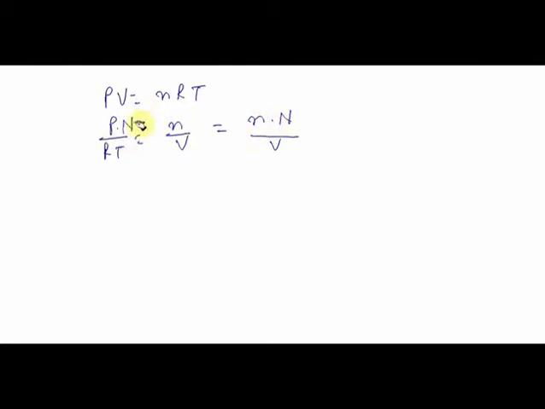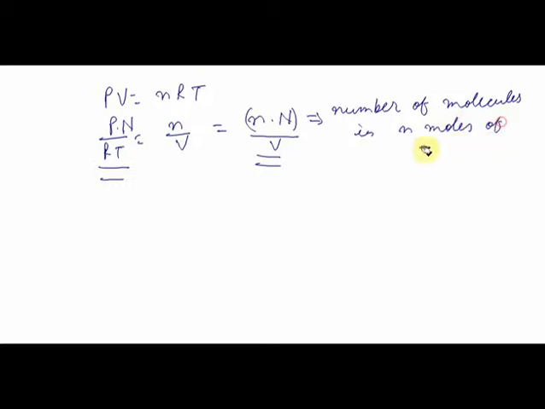So if we multiply both sides by Avogadro number, that is N, we will get PN by RT is equal to n into N by V. Now as we said, n into N is nothing but the number of molecules in n moles of gas. So the right hand side becomes our number density, that is number of molecules per unit volume of gas.